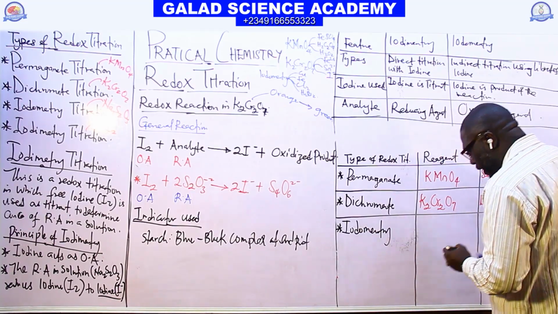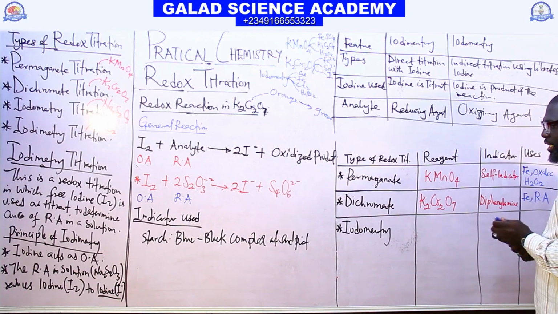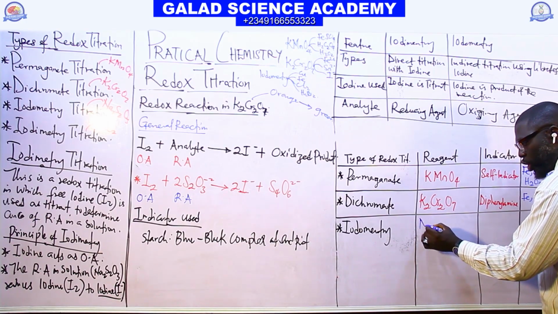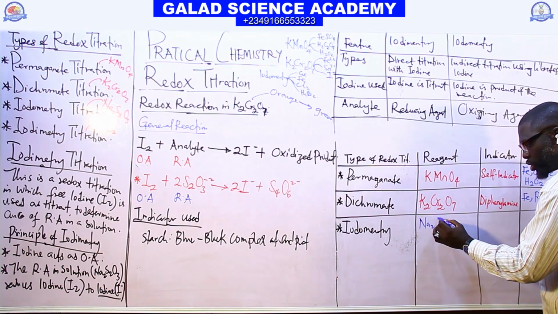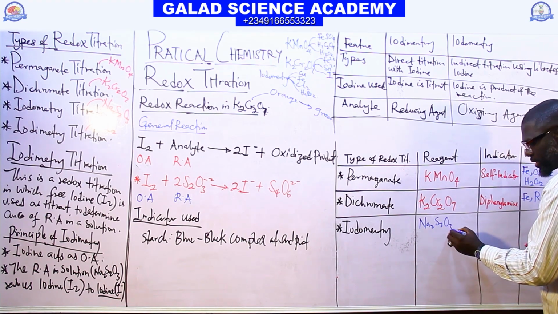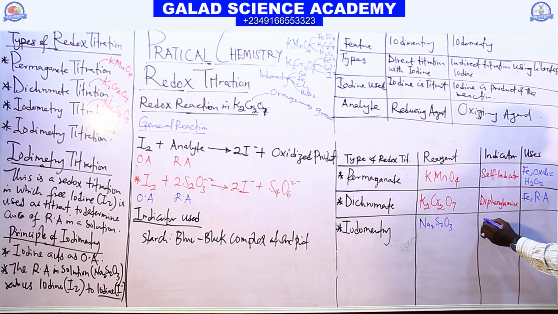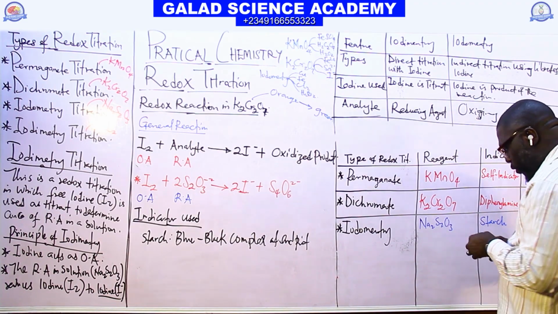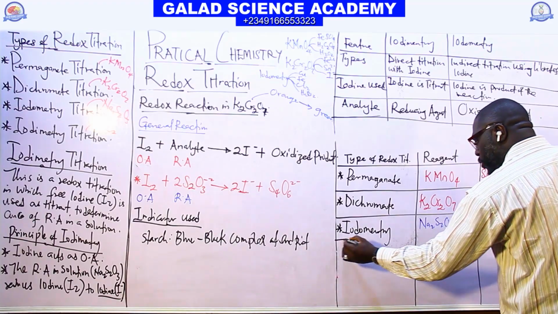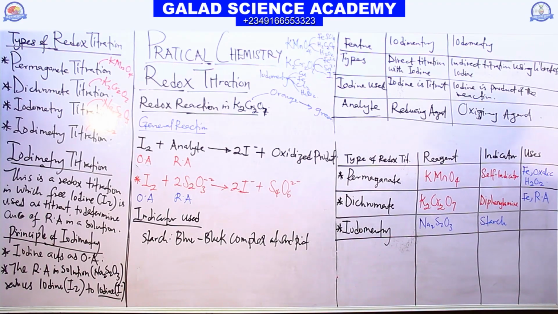The next one is iodometry. In iodometry titration, the reagent used is sodium thiosulfate. The indicator used there is starch, which forms a blue-black complex.